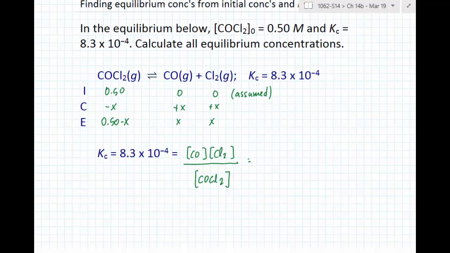Did you get an equation here involving your x's? What's on top? X squared over. Great. So let's rewrite that.